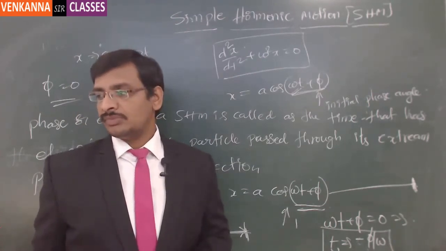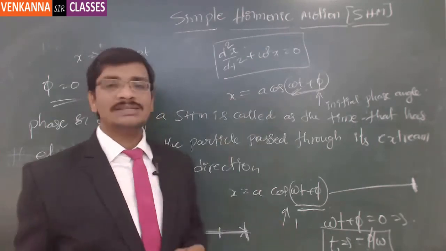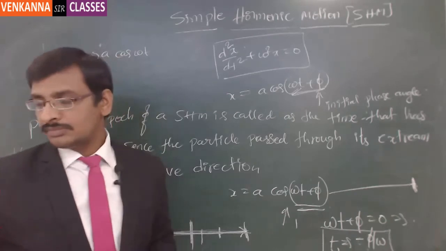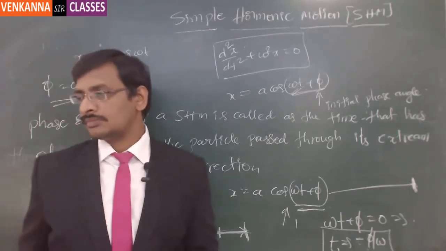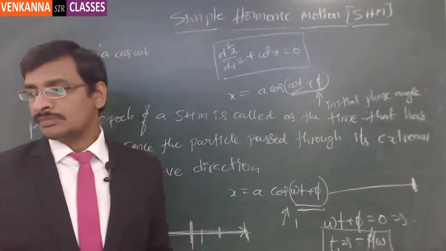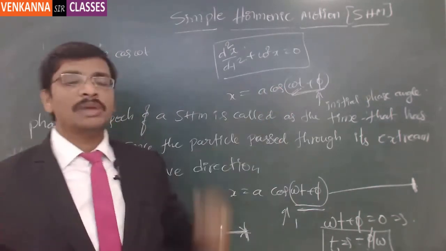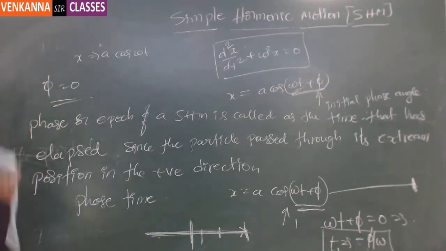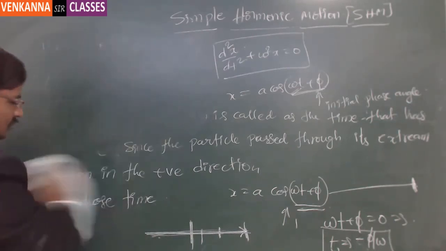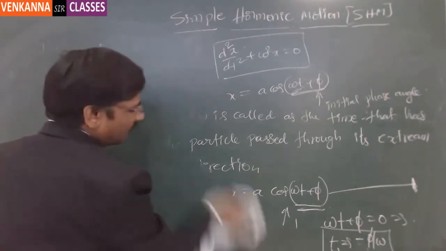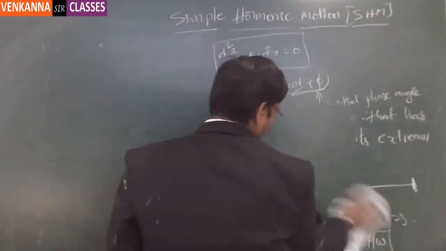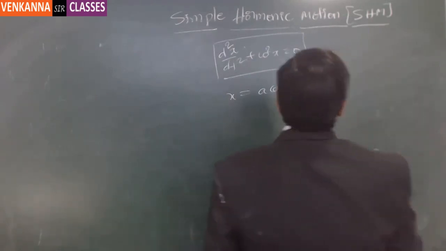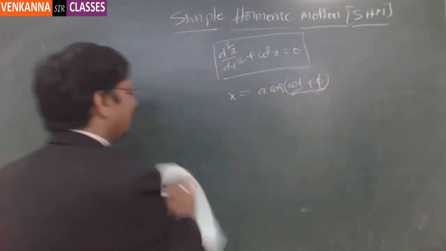How can we treat this omega as the angular velocity? Omega is applicable only if there is an angular displacement, but this is a straight line motion. So this omega was introduced for convenience and an easier analysis method.